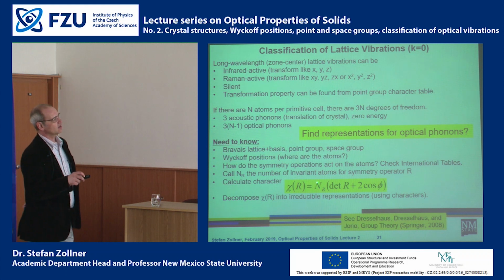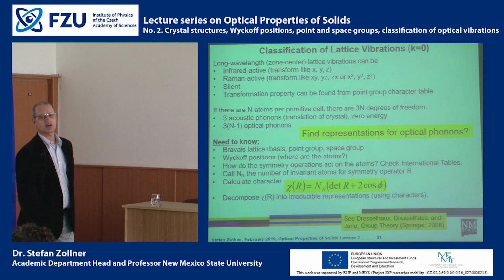So that is N_R, and R is the symmetry operator. I'm taking the determinant of the symmetry operator, plus or minus 1, times N_R, times one plus 2 cosine phi, where phi is the angle of rotation, and I'm calculating this expression for every symmetry operator.